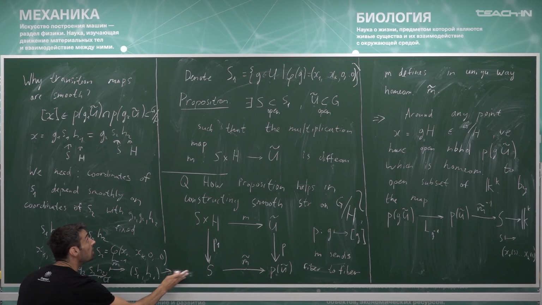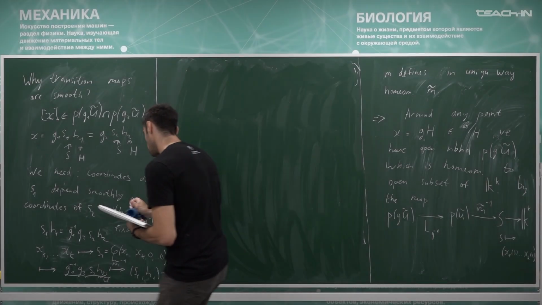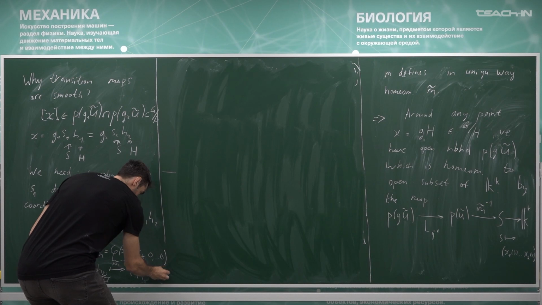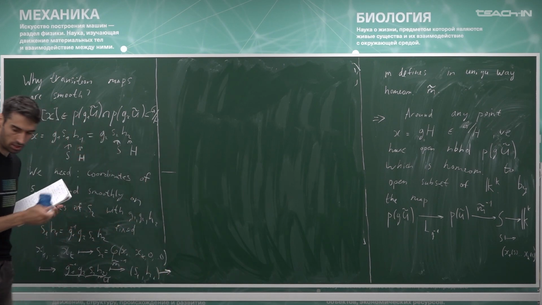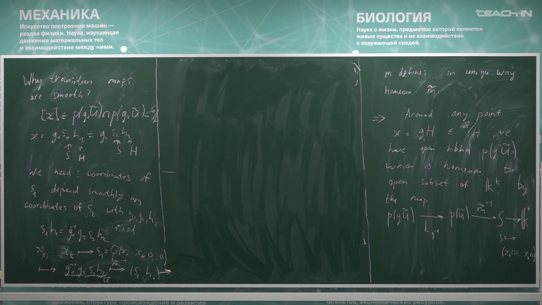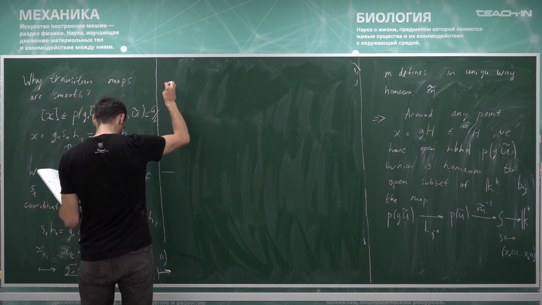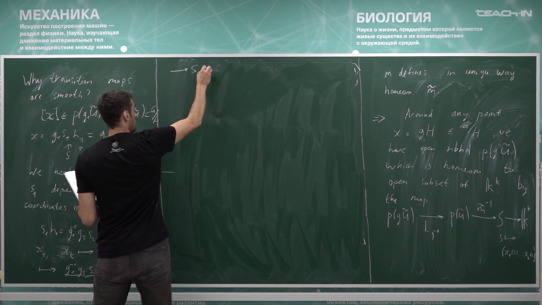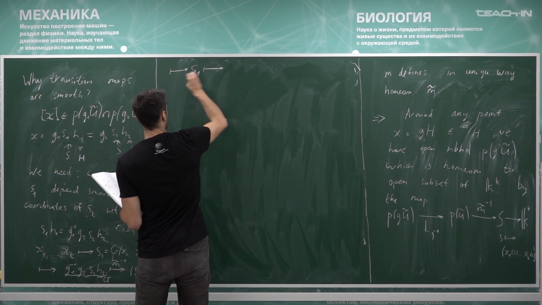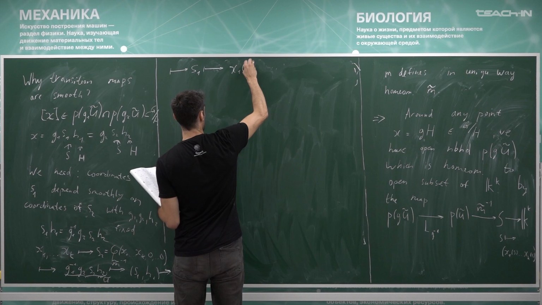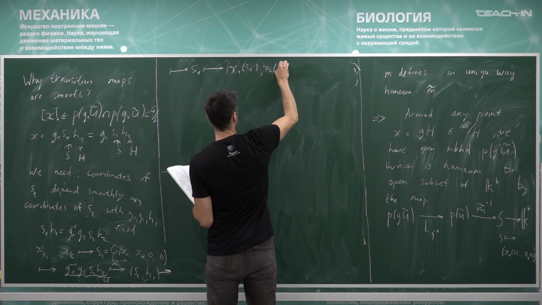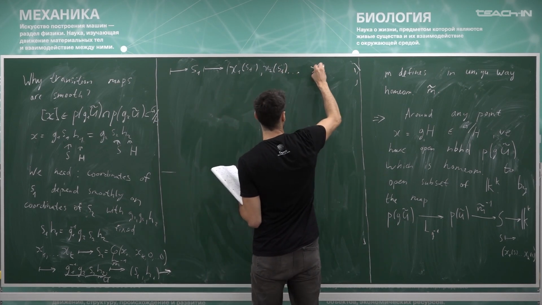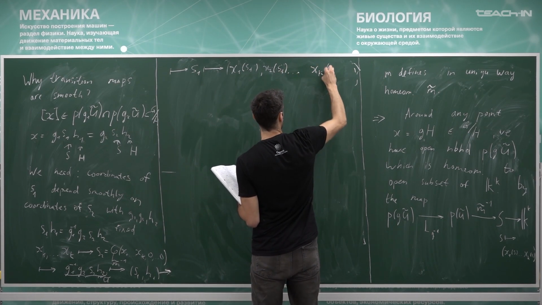So let me continue. We have a chain of smooth maps. That's what I'm trying to do here. So then I project to S1, and then I go to coordinates of S1: x1 of S1, x2 of S1, and so on, xk of S1.